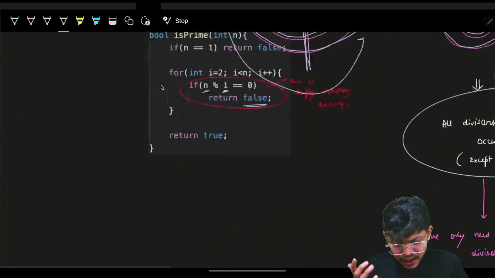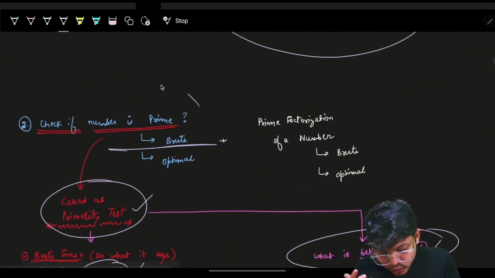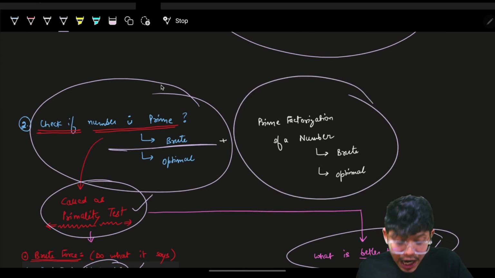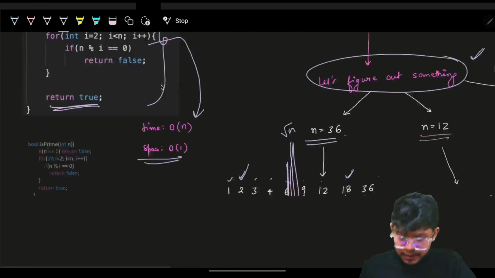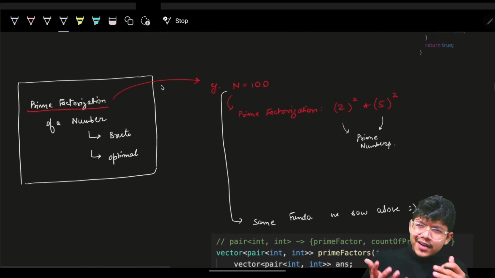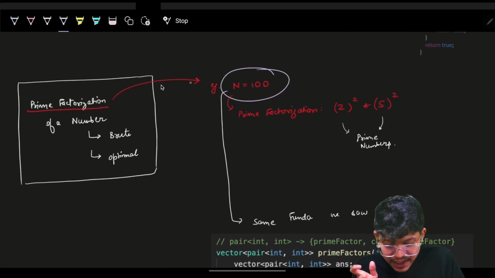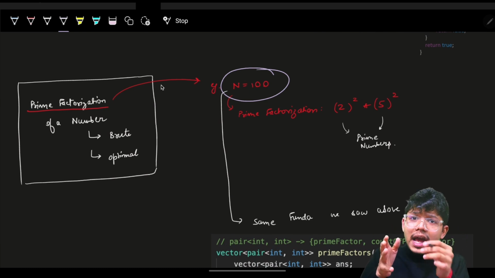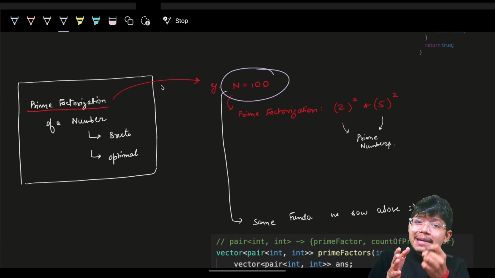Now, okay, we saw how to check if a number is prime or not. Then another parallel thing comes in: how will you find the prime factors of a number? Firstly, prime factorization simply says if a number n is 100, I will write that number as a multiplication of its prime factors.